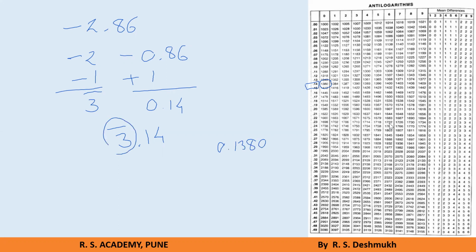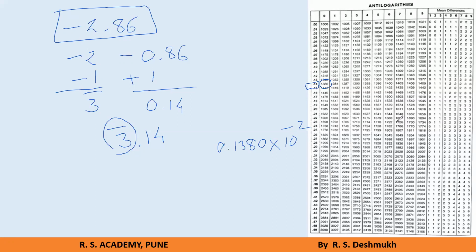So whenever you write it, add 1 to it. If you add 1 to minus 3, it becomes minus 2. So it is 10 to the power minus 2. So the antilog of bar 3.14 is 0.1380 into 10 raised to the power minus 2. This is actually the antilog of minus 2.86, which I could not find directly, so I changed it to a different pattern.